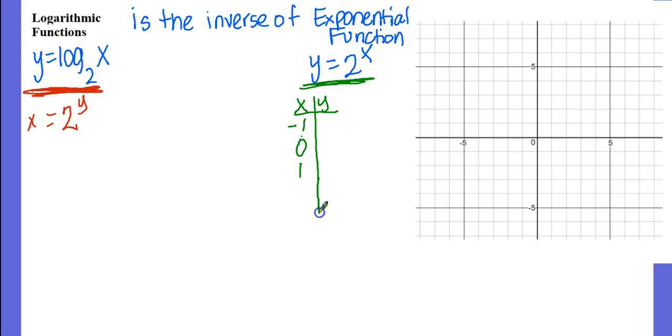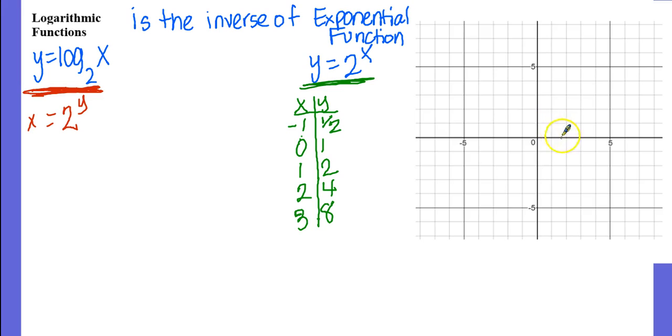And typically those are the only ones that we graph, but because I'm really trying to provide you with a really detailed example, I would also like to pick 2 and 3. Okay, so let's go ahead and plug those in. 2 to the -1 is 1/2, 2 to the 0 is 1, 2 to the 1 is 2, 2 squared is 4, and 2 cubed is 8.